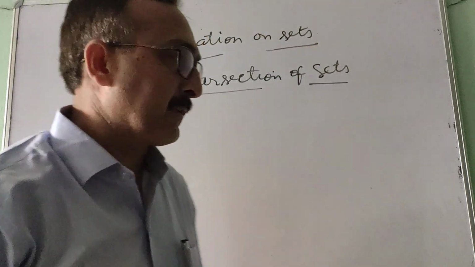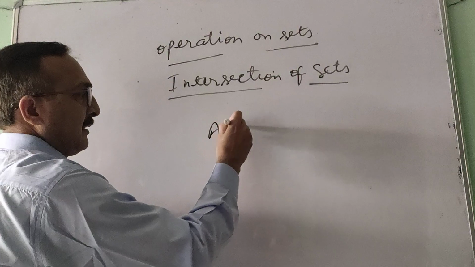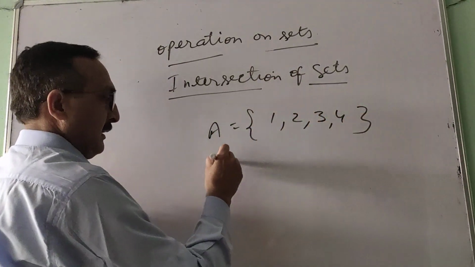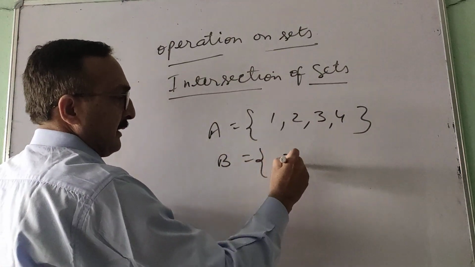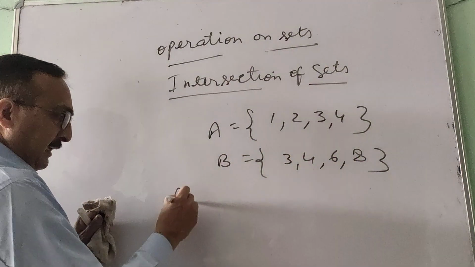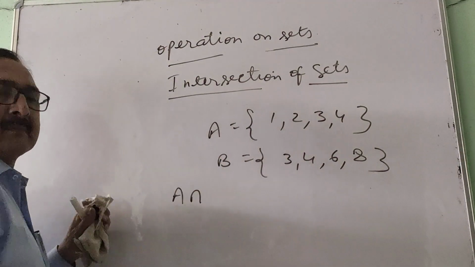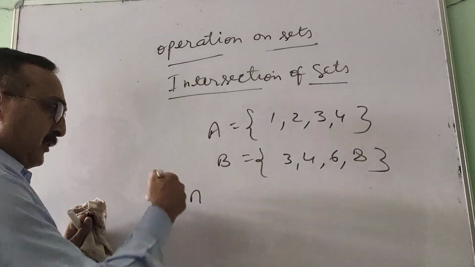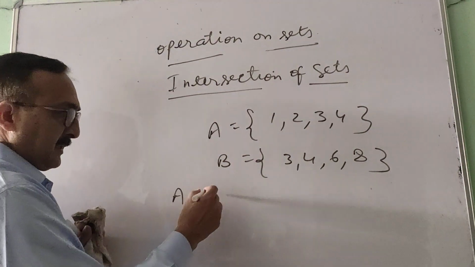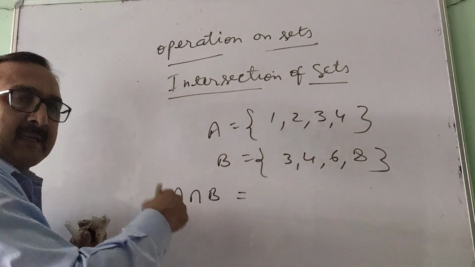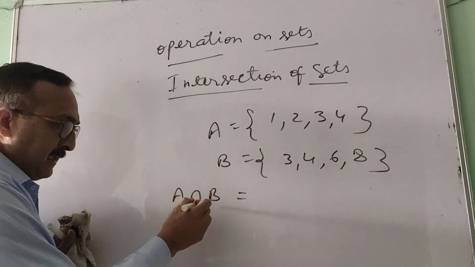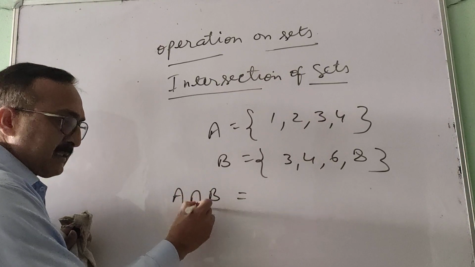For example, A: 1, 2, 3, 4 and B: 3, 4, 6, 8. And now we write A intersection B. The union symbol upside down, inverted, is the intersection. This is the intersection symbol.